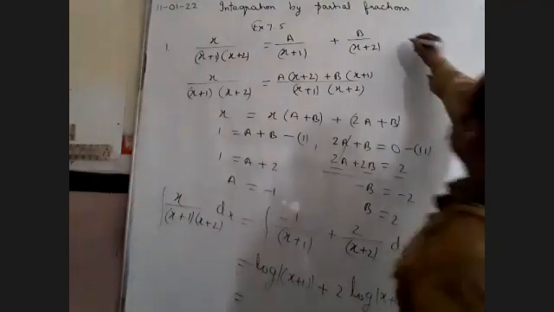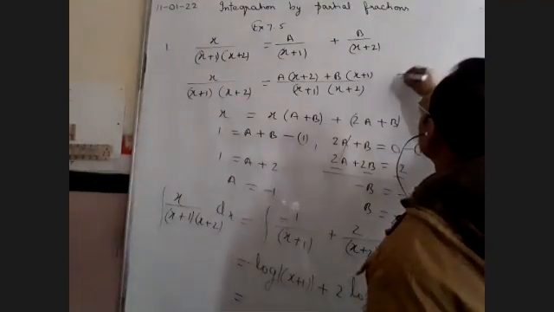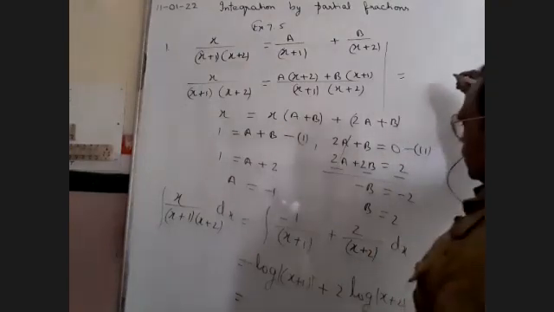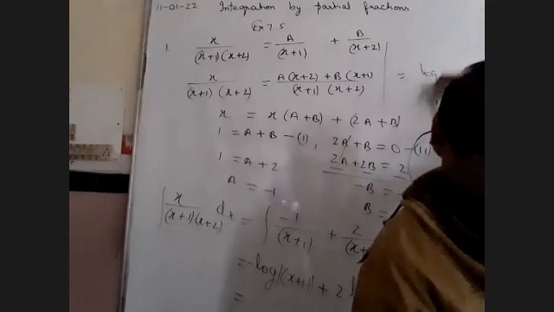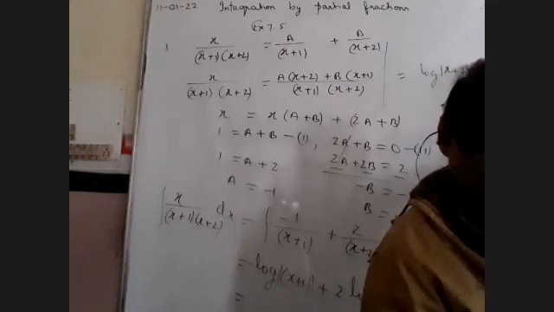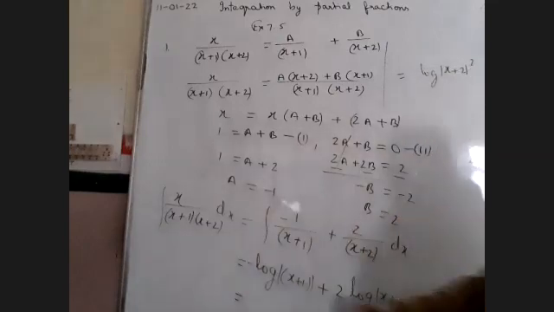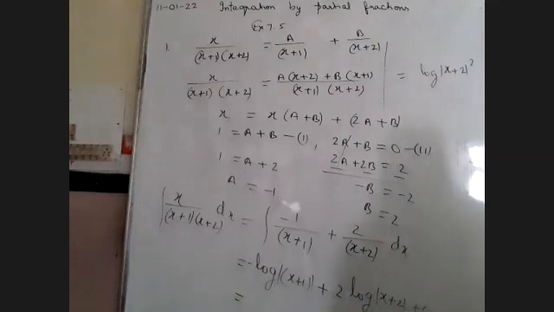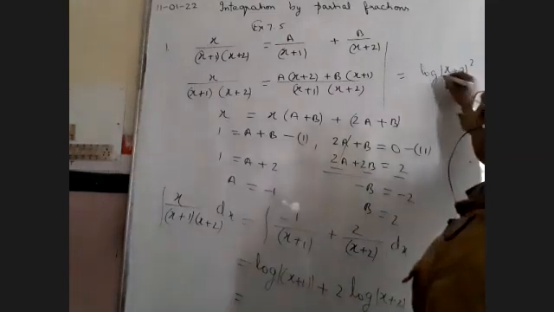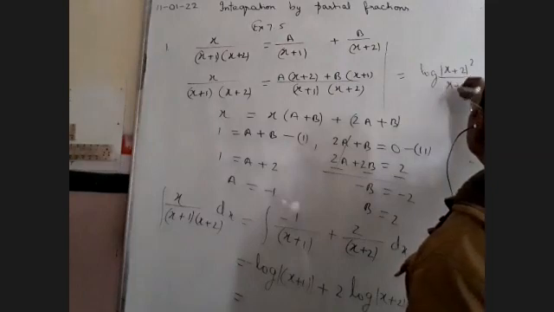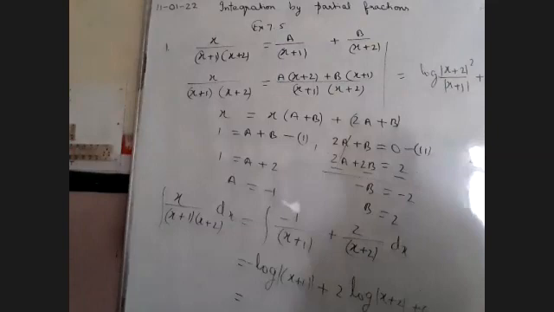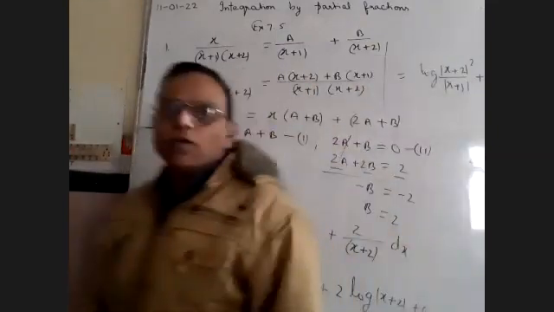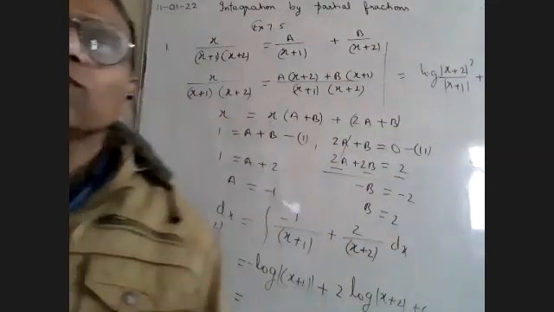You can write this expression equal to log of (x plus 2) to the power 2, and we can put this power 2 in the numerator, with x plus 1 in the denominator, plus c. This is the constant of integration. So in this way, we could write it in this form.